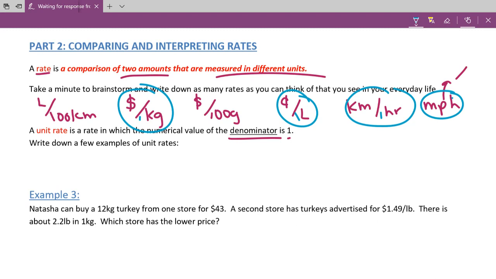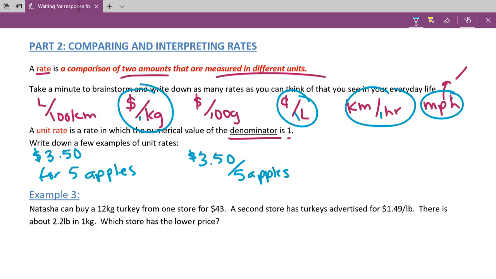There's lots of other unit rates, and we can turn anything into a unit rate. So say you go to the grocery store and it costs you $3.50 for 5 apples. Well, that's a comparison, right? It's $3.50 for every 5 apples you buy, right?